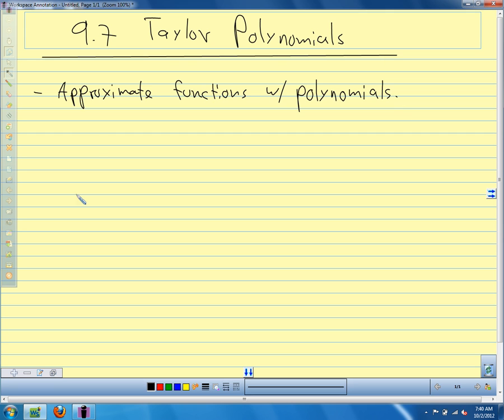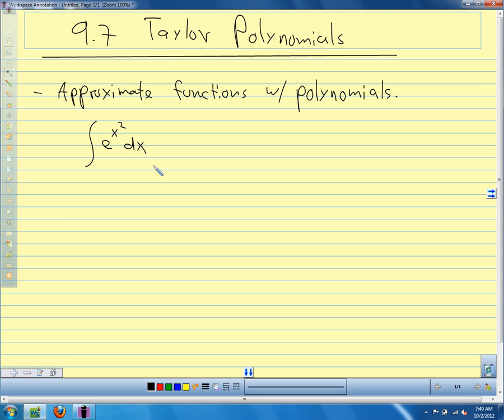So, for example, if we were looking at the integral of e to the x squared dx, we can prove that this indefinite integral exists, that there is an antiderivative, but this antiderivative cannot be expressed in terms of elementary functions.